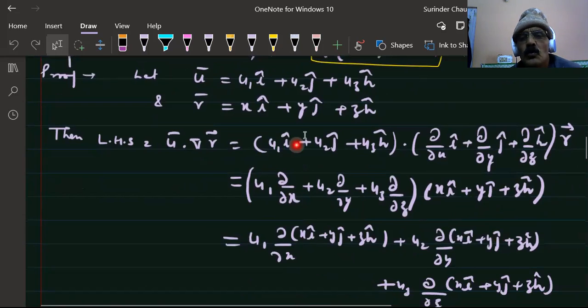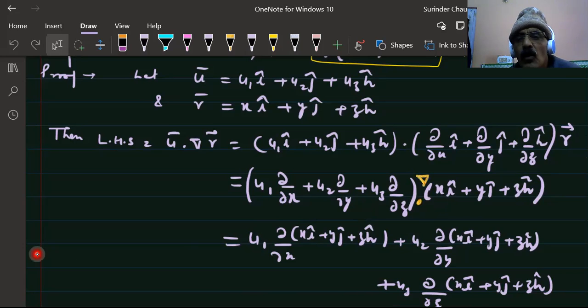So this is equal to this into, you have to write del here also, dot del of r vector. So this is equal to i dot i is equal to del u.